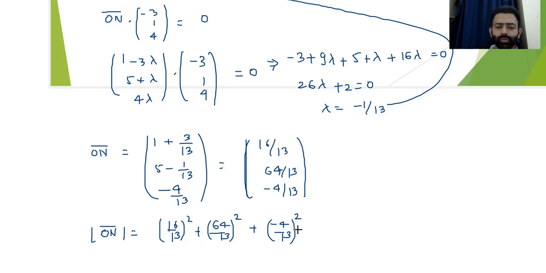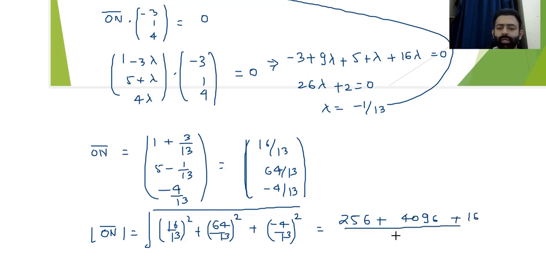And this is 16 square is 256, plus 64 square, and I don't have the calculator with me, so 64 is basically 2 raised to power 6, so it is 2 raised to power 12. 2 raised to power 12 means 2048 is 2 raised to power 11, and into 2 will be 4096, so it is 4096 plus 4 squared is 16.